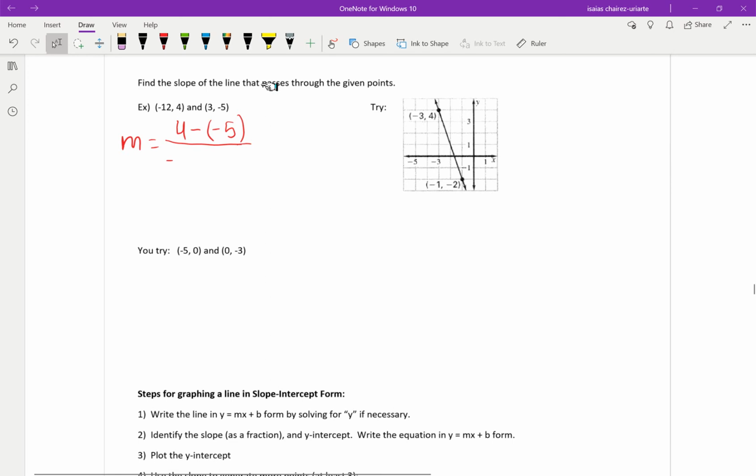So negative 12 minus 3. Now be careful with signs. This becomes 4 plus 5 over, and negative 12 minus 3 is negative 15. That's 9 over negative 15, or if we reduce this fraction, 3 over negative 5.